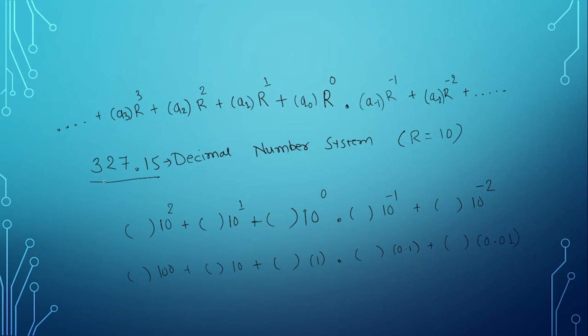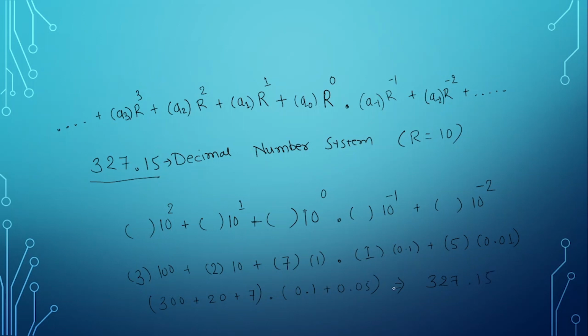Now to make 327.15 I must put 7 over here, 2 over here, 3 over here, then 1 over here and 5 over here. Now if you multiply it, then you will have 300 plus 20 plus 7 point 0.1 plus 0.05.